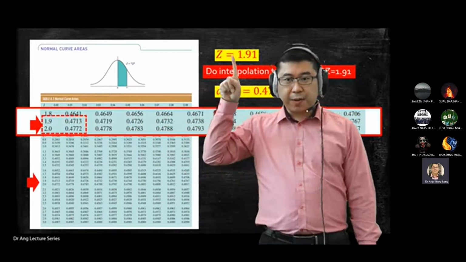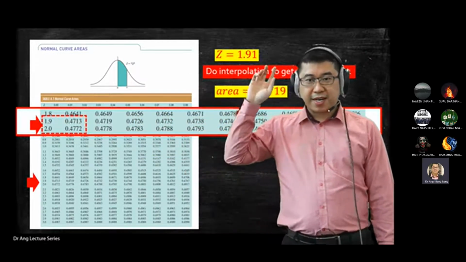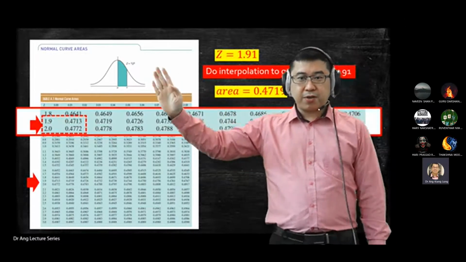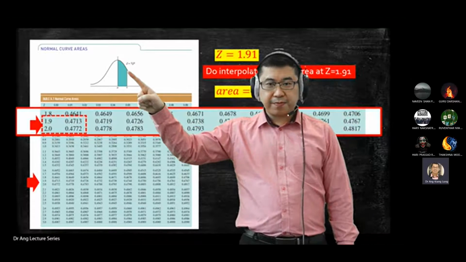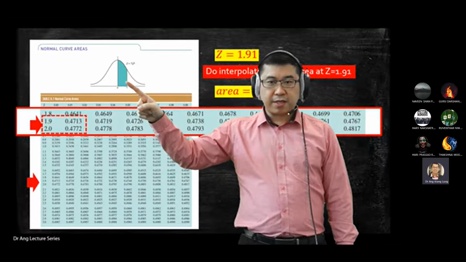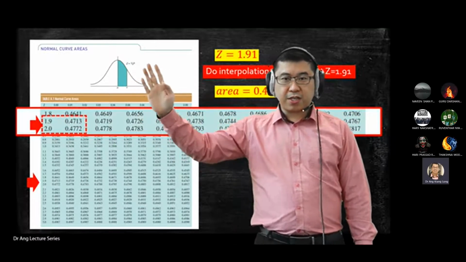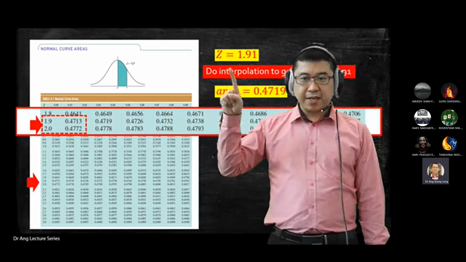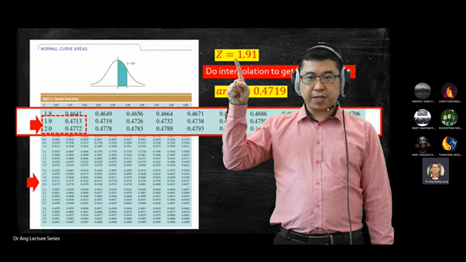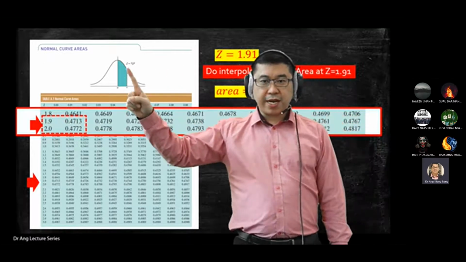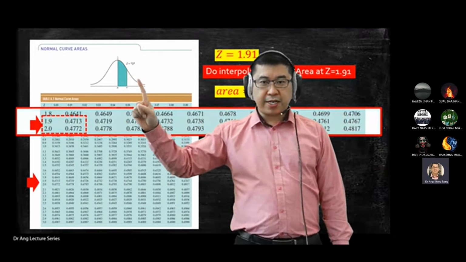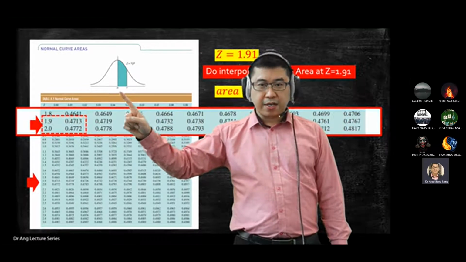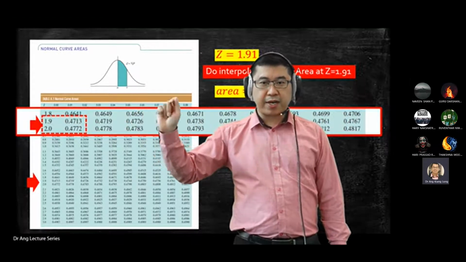Z, if you get a positive value, again, I repeat, when you get a positive value, this line is on the right hand side of the graph. I repeat, if your Z value is positive, your line here is on the right hand side, and you write here Z equals 1.91.